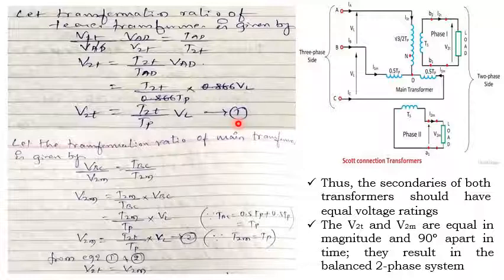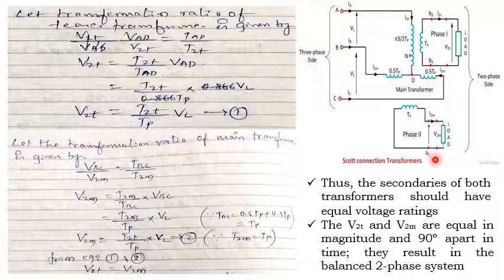Now we'll consider the transformation ratio of the main transformer. This is the main transformer. Before that, I must know the primary voltage, secondary voltage, primary turns and secondary turns of the main transformer.